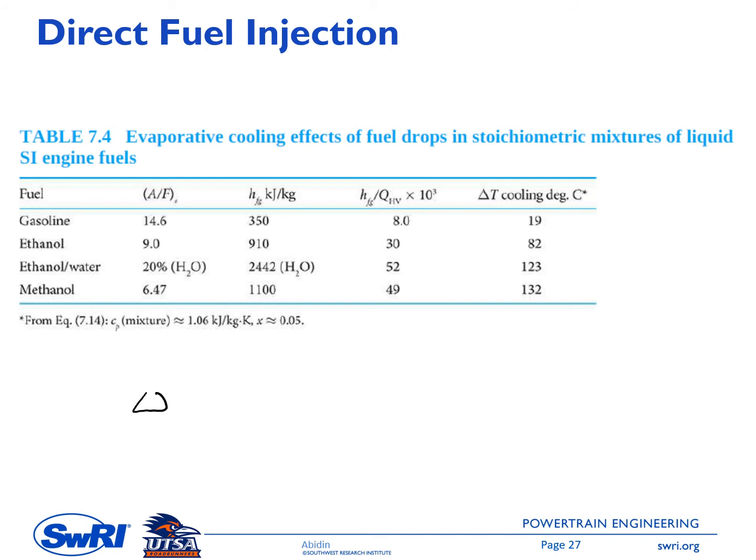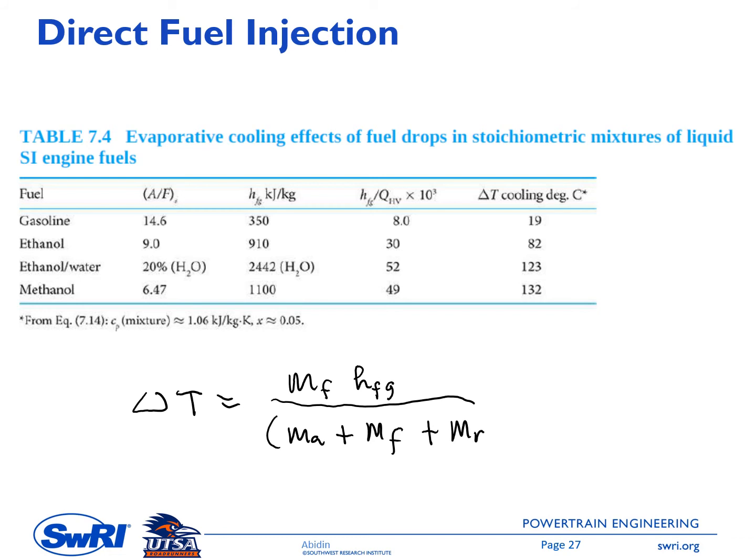Delta T equals m_fuel times the heat of evaporation of the fuel, h_fg, divided by (m_a plus m_f plus m_r), where m_r is the residual mass, times c_p.